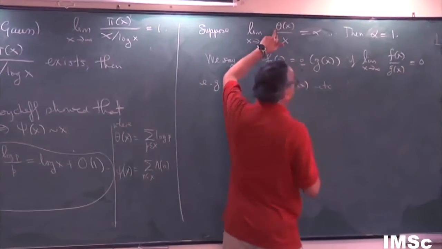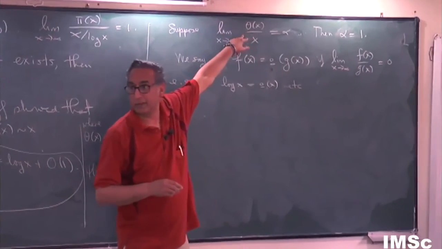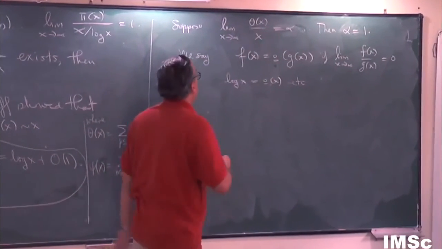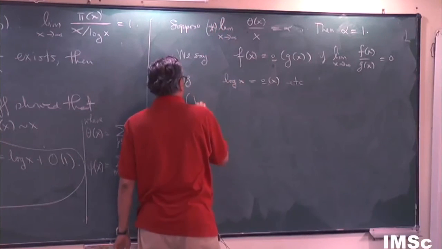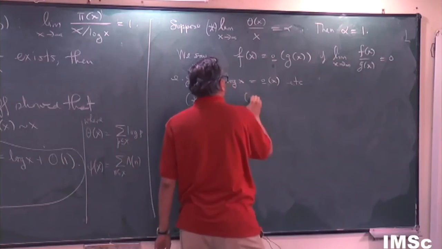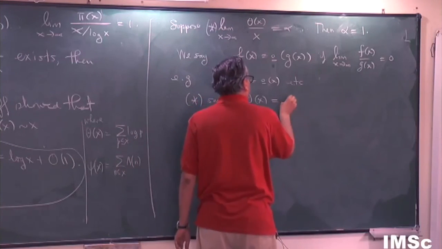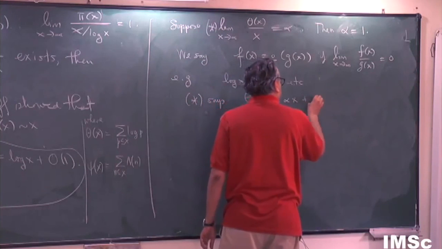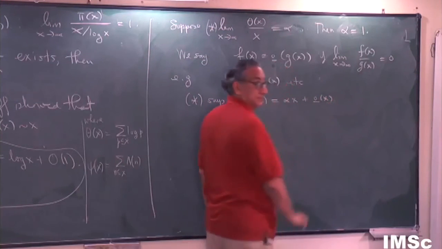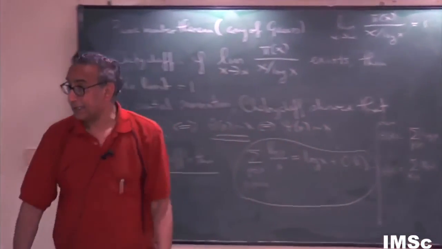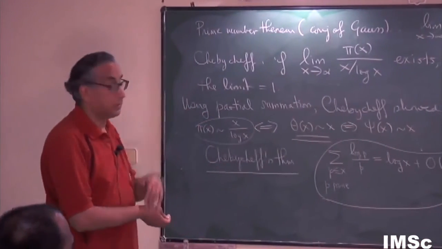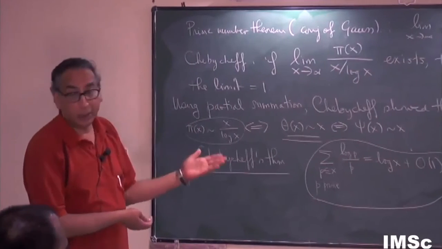Now we can express this limit here in terms of the little o notation. What star says is that theta of x equals alpha x plus little o of x. Because when I divide by x, theta of x divided by x is equal to alpha plus little o of 1.